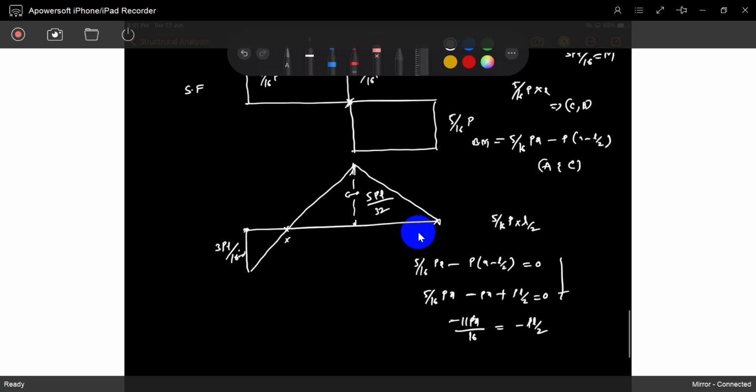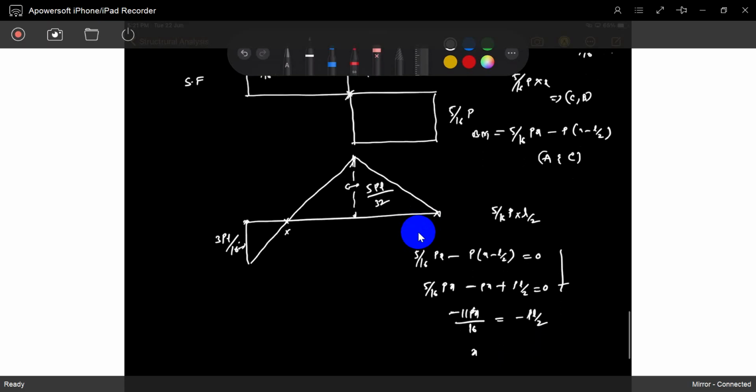P and P cancel. So what is x? x is 8 by 11 L. That's it, 8 by 11 L.